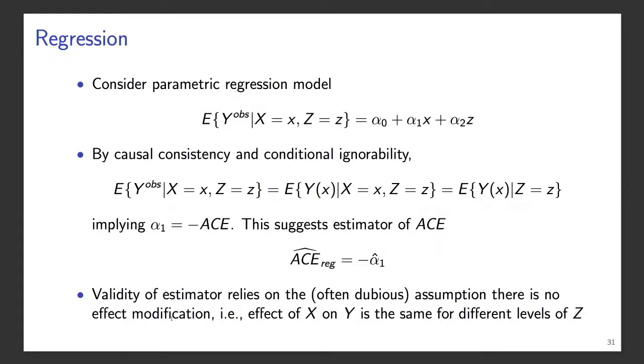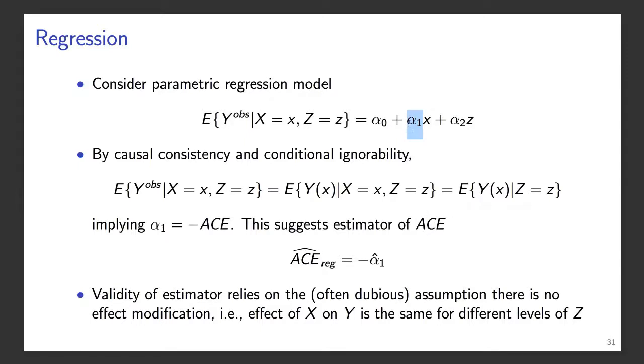If this regression model is correct, that there are no interaction terms, then you can just read off the estimated regression coefficient on X as a valid estimate of causal effect. But it really relies strongly on that assumption of no interaction. Otherwise, if you do have interactions, alpha 1 can no longer be interpreted as the average causal effect.